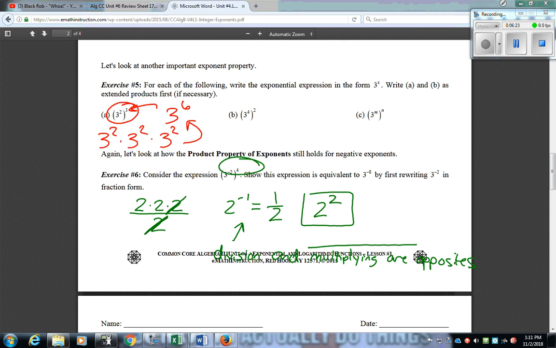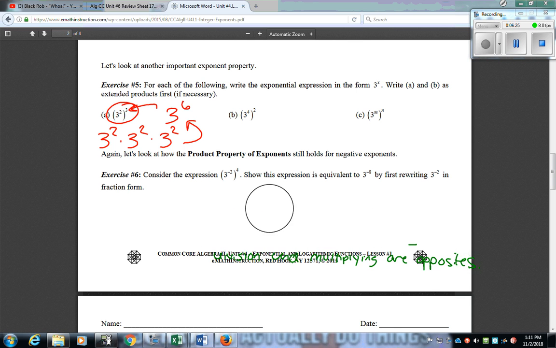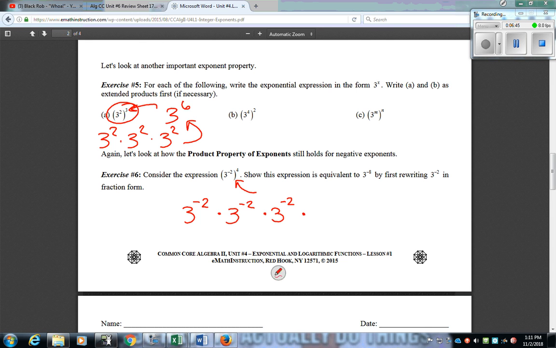And then for exercise 6, which I'm going to erase from the previous exercise, they're asking, consider this expression, 3 to the negative second power, and then raised to a power of 4. So we have 4 of these 3 to the negative seconds. So we'd have negative 2, negative 4, negative 6, negative 8.